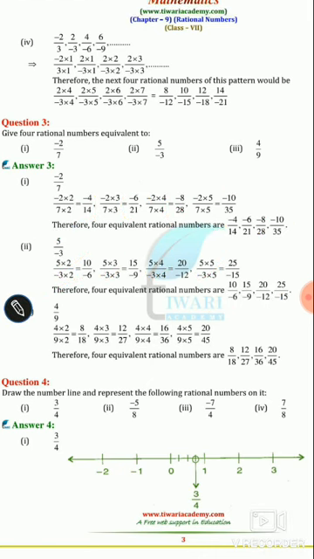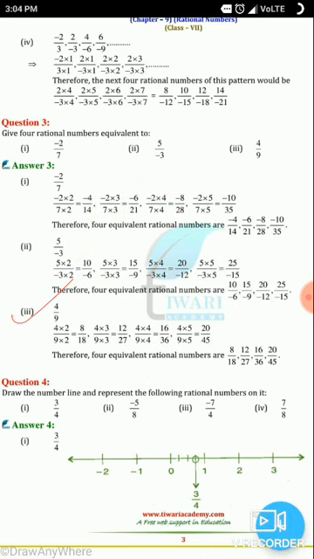Clear, students? Understood? See, question number 3 is what? 4 upon 9. Same way, same method. First we multiply with 2, then 3, then 4, and in last 5.